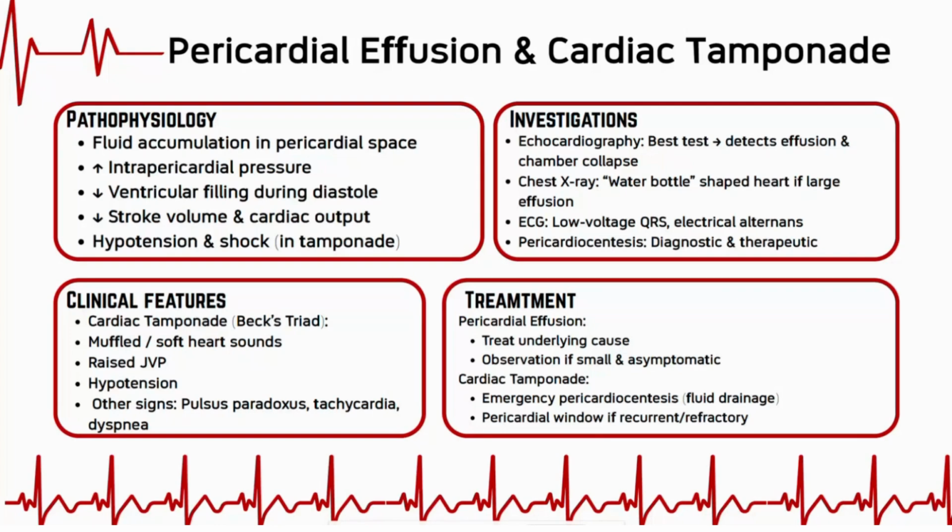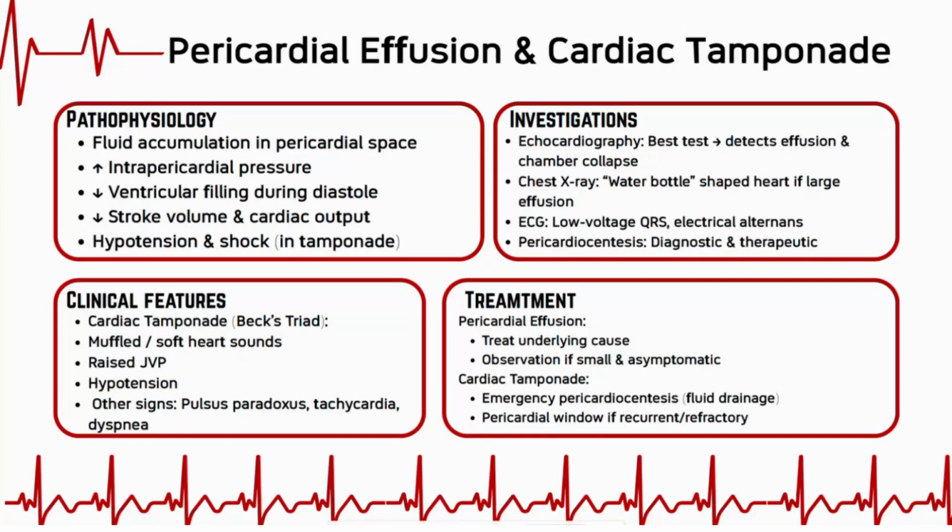This reduces the stroke volume, or the volume of blood that is released at every systole, every contraction of the heart, and it therefore reduces cardiac output. This can cause hypotension because not enough blood is being pumped around the body, and this patient can go into shock. This is what we see in an extreme circumstance, in cardiac tamponade.